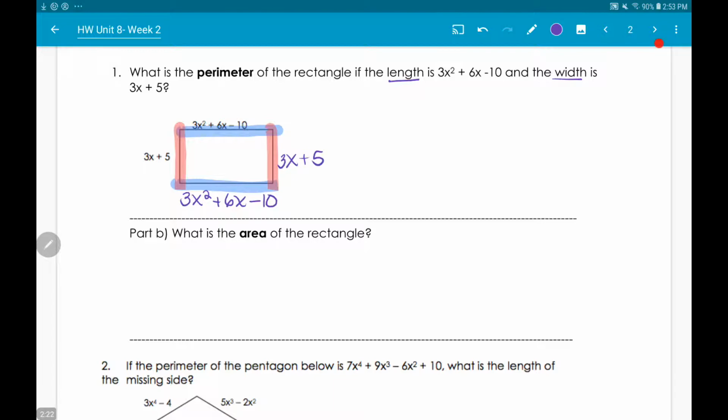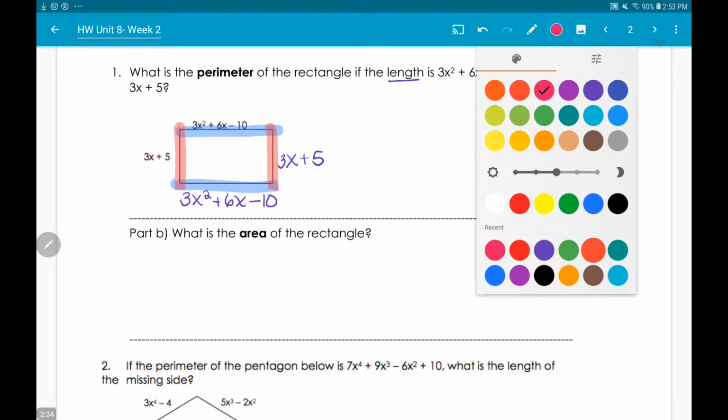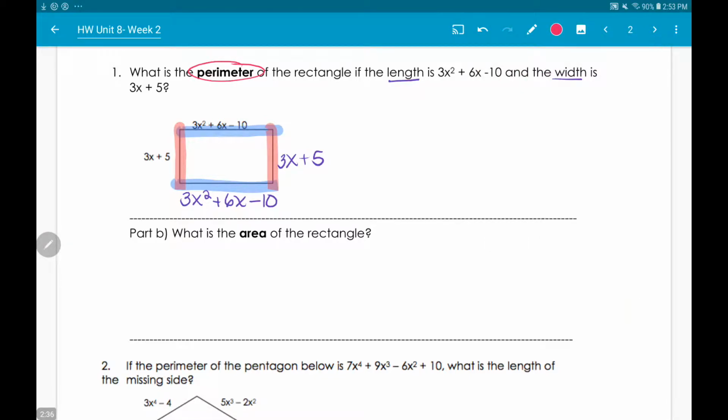So when you get your performance task on Wednesday, you want to make sure to fill in the sides that aren't written in, and that will really help you visualize what needs to be solved for. So when it says the perimeter, it means to add all sides together.